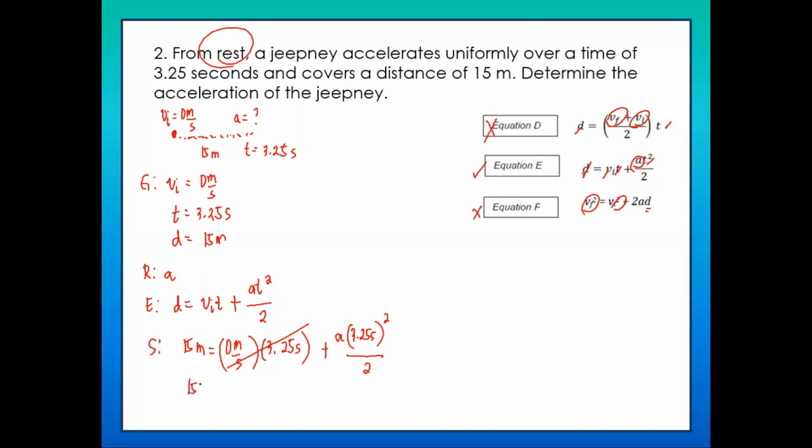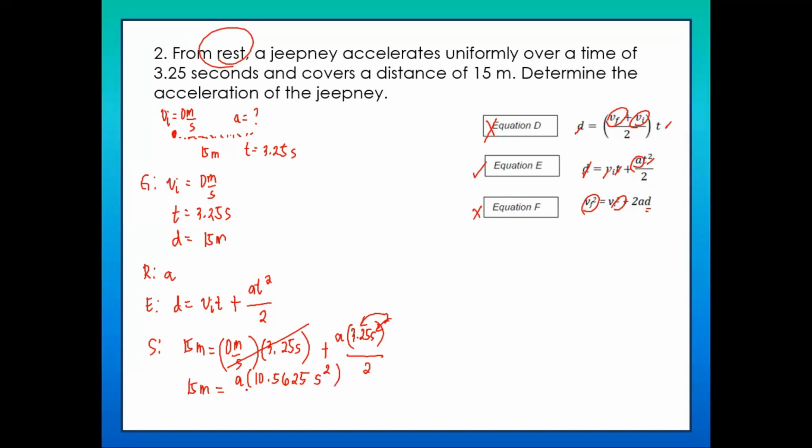So, we have 15 meters is equal to A. Square na natin to. That gives you 10.5625. Right? Sabi ni Sir, wag muna tayo mag-round up para sa 2 decimal places. Final answer natin ginagawa yun. Second squared. In-square na din natin yung unit. Okay?